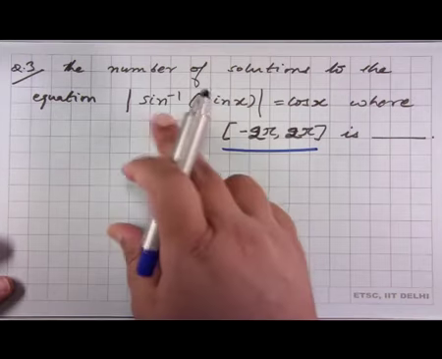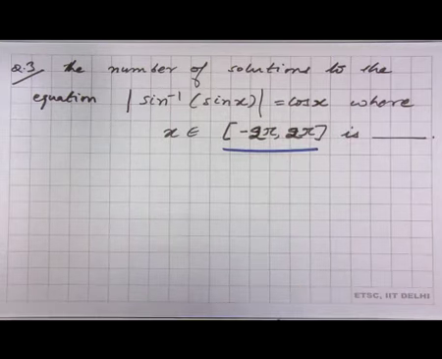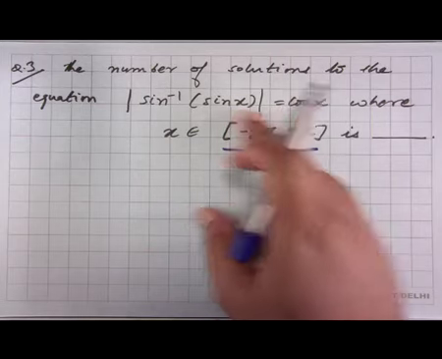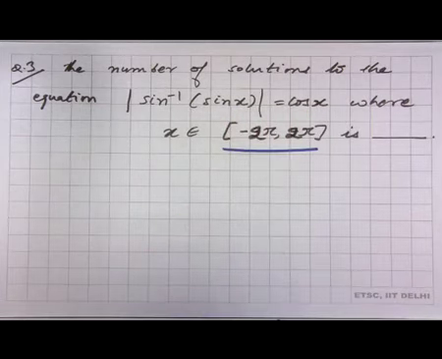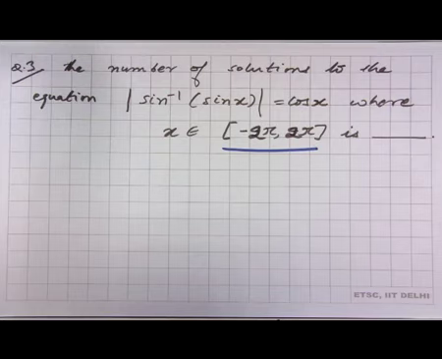For such problems many times we have to use graphical techniques because it's not possible to exactly solve and find the points where this left hand side and right hand side are equal. So this is one such example.